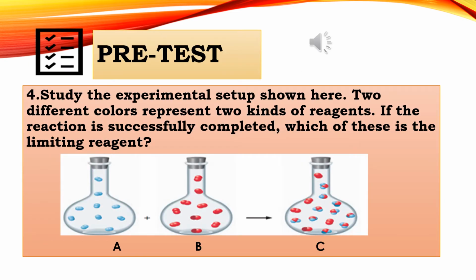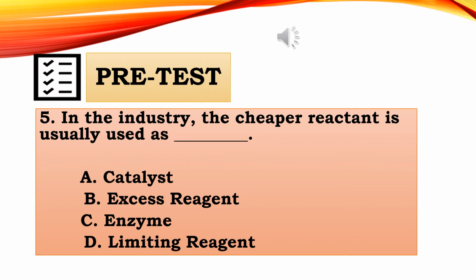Number 4. Study the experimental setup shown here. Two different colors represent two kinds of reagents. If the reaction is successfully completed, which of these is the limiting reagent? And the answer is letter A. Question number 5. In the industry, the cheaper reactant is usually used as blank.